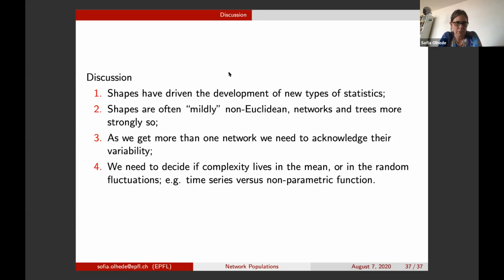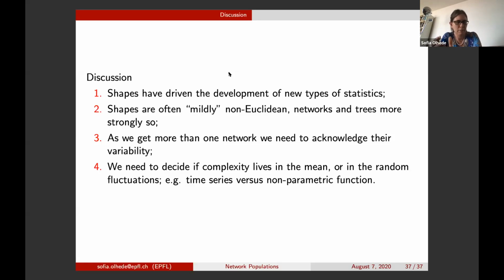As we get more than one network, we need to acknowledge the fact that they're not the same network. And in fact, if we expected them to take exactly the same value, why would we take the time to collect them? The only reason you take many observations is because you expect to have some difference, and we need to acknowledge how that variation can happen while still remaining part of the common generative mechanism.